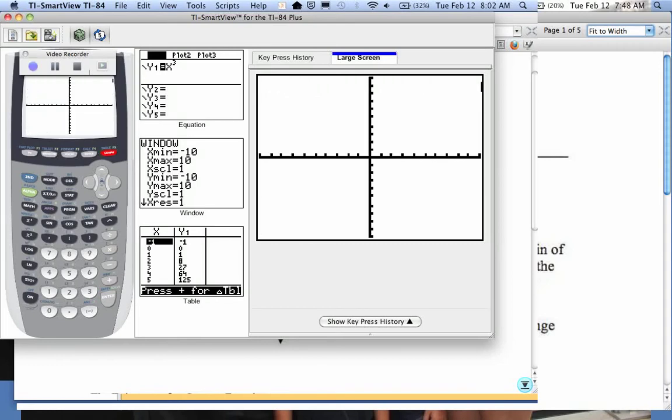And when you graph them, you get something that looks like that. Right?